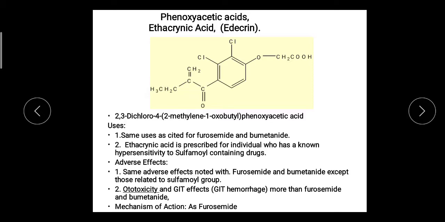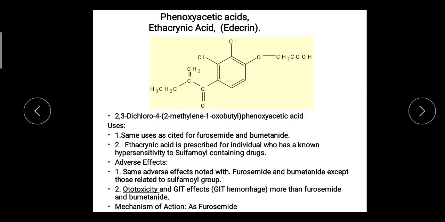Adverse effects: similar adverse effects, hypokalemia and others, are noted with this, except the side effect related to the sulfamyl group. Other than hypersensitivity to the sulfamyl group, the adverse effects produced by ethacrynic acid are the same as we have seen with furosemide and bumetanide.